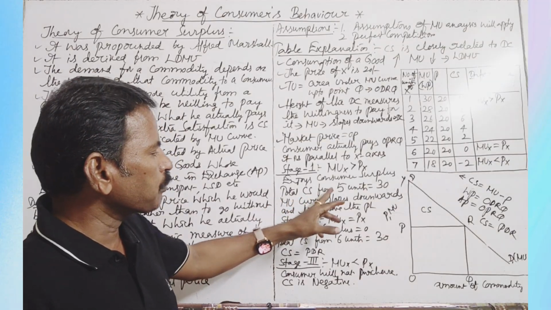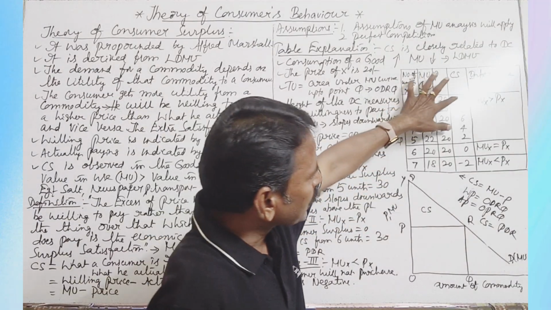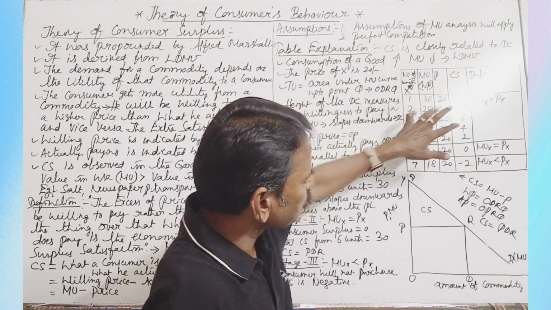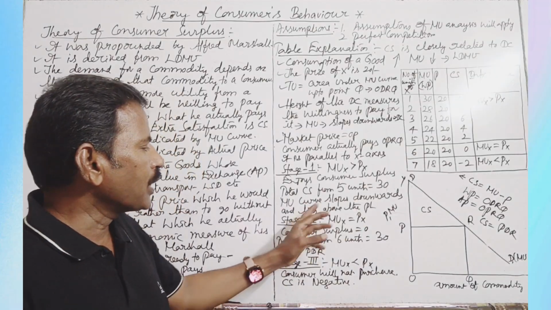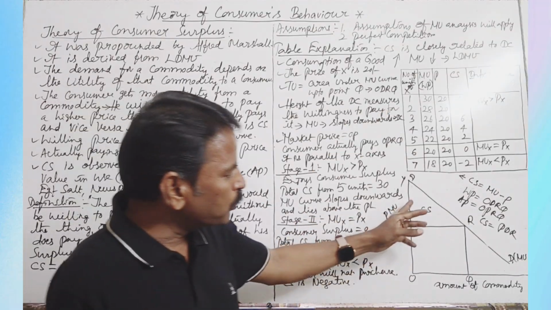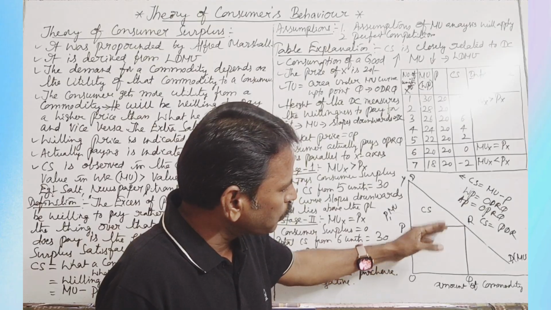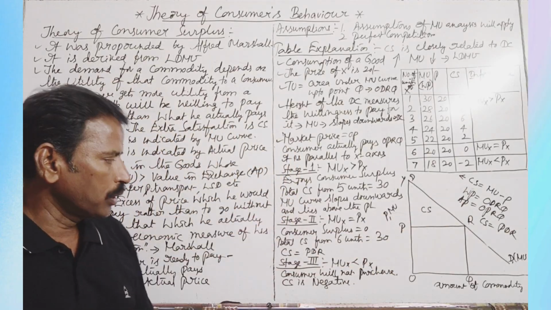Total consumer surplus from 5 units is equal to 30: 10 plus 8 plus 6 plus 4 plus 2 equals 30. The MU curve slopes downwards and lies above the price line in stage 1.